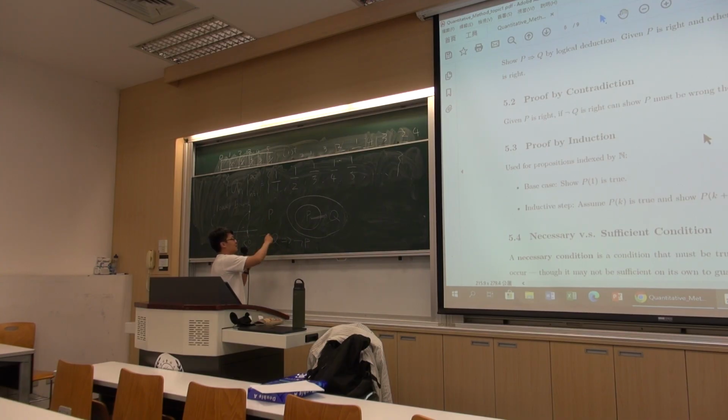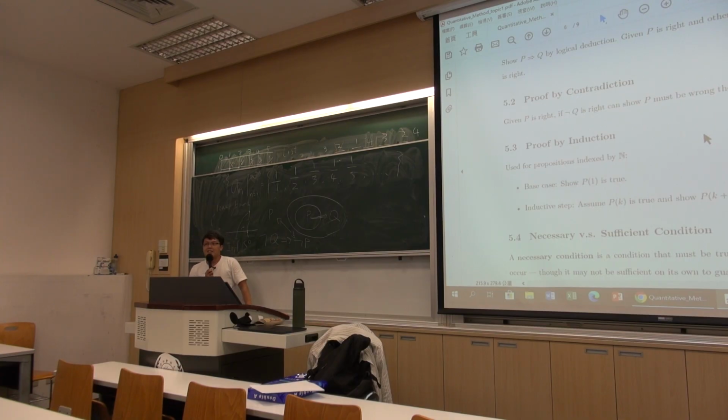So that means the contradiction happens. This one is the contradiction. And that means Q is right. So the technique looks like this. This is the goal: we want to prove that Q is right as well, given that P is right.